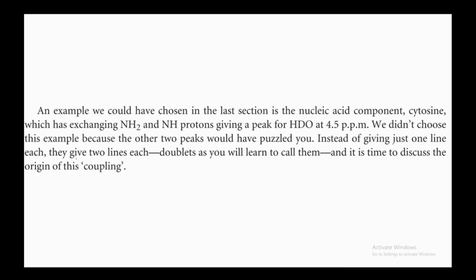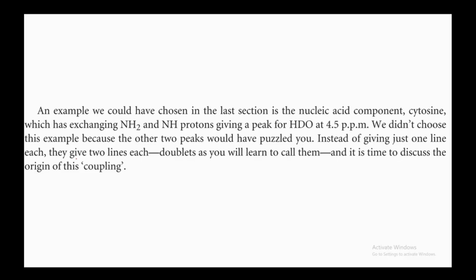Okay, an example we could have chosen is in the last section. So I'm reading these lines from the Clayden book. The example we chose is the nucleic acid component cytosine, which has exchanging NH2 and NH protons, giving a peak for HDO at 4.5 ppm.